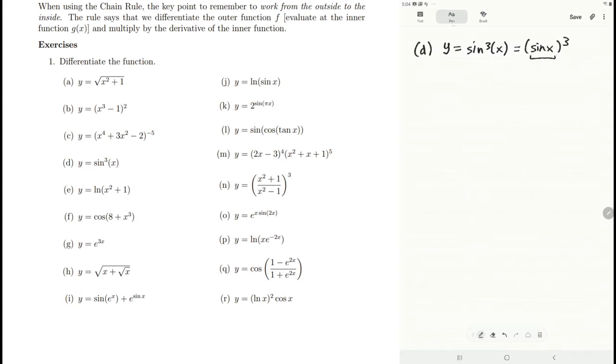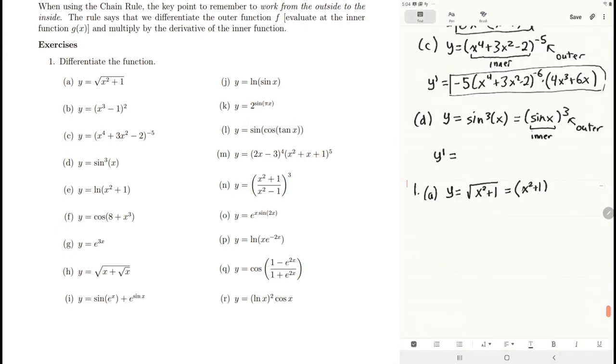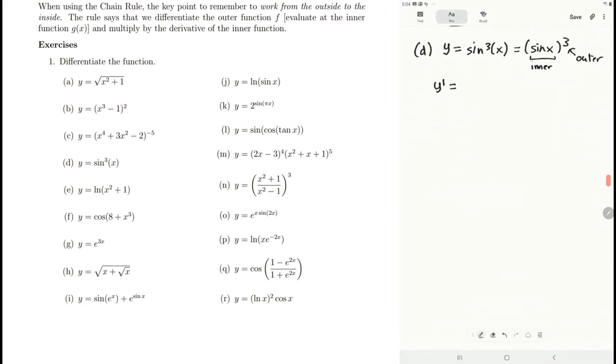So written in this way, the sine function is going to be the inner, and the power of 3 is the outer function. And so its derivative is going to be 3 times the sine of x squared.